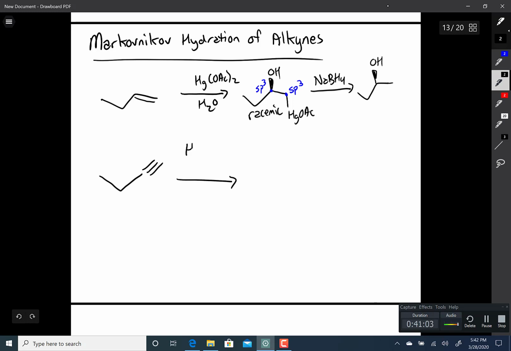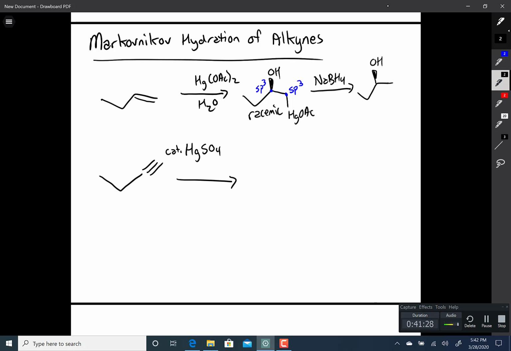You still add mercury, and in this case it's typically mercury sulfate that's added. But you don't need much of it, just a catalytic amount. As opposed to the reaction of alkenes, where you do need a full equivalent. For every molecule of alkene you have, you must have one molecule of mercury.